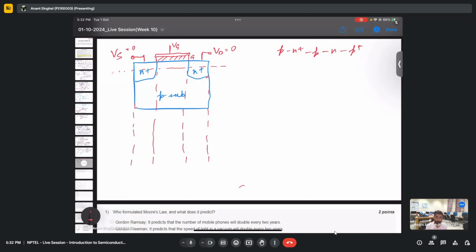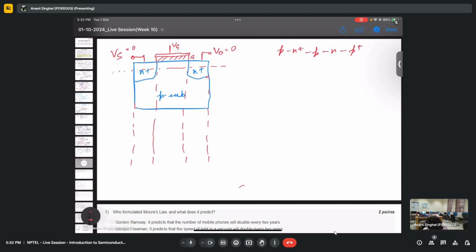P substrate will have a higher, if you take only the conduction band, conduction band will be higher for the P substrate region, and on either side it will be lower. Okay, so what you're trying to say is something like this? Yes. Okay, that is good.